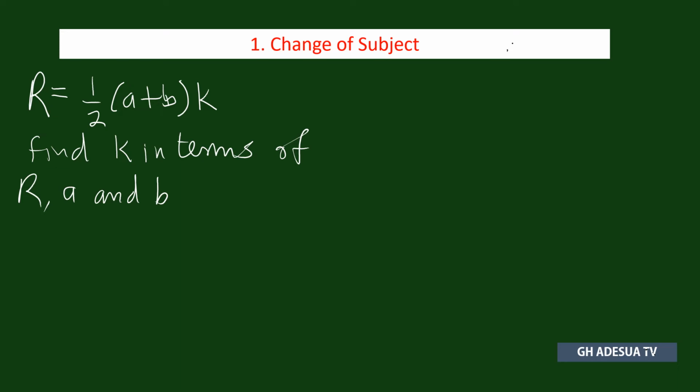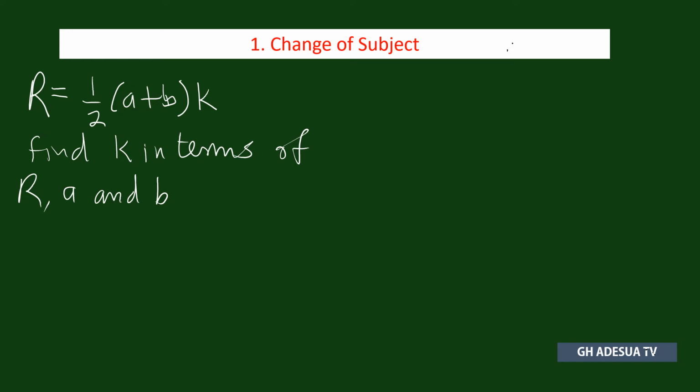Now on the surface it may not look like change of subject, but it is change of subject. You are finding K, or better still, making K the subject. So let's try this. Now in this question, we have a fraction of half. Last time I told you that if you have a denominator, it will be fine to clear the denominator so that it will be easier to deal with your equation.